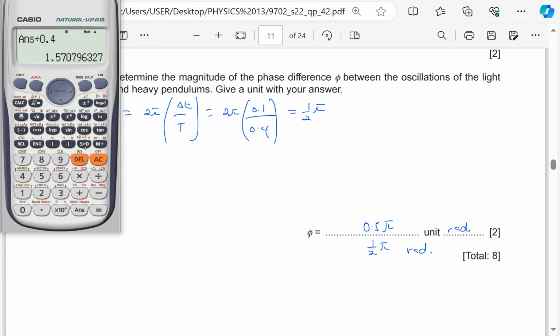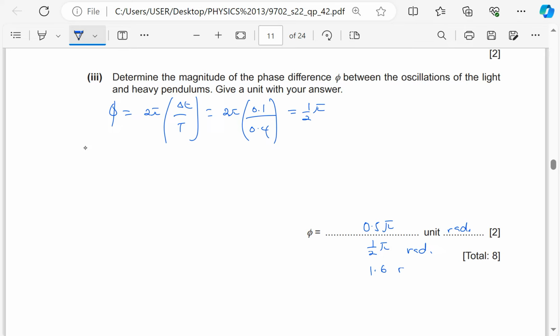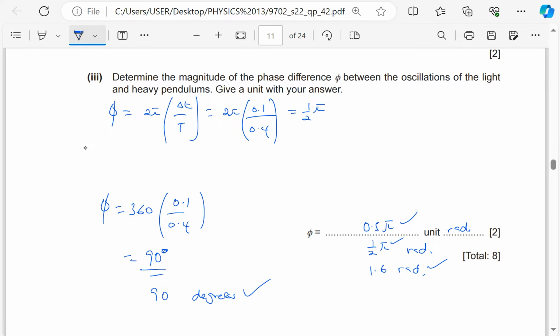It can be 1.6 radians. If I want to use angles, I would say phi is equal to 360 into 0.1 over 0.4. So this is 360 times a quarter, which is 90 degrees. So I can either write 0.5 pi or half pi radians, 1.6 radians, or write 90 degrees.